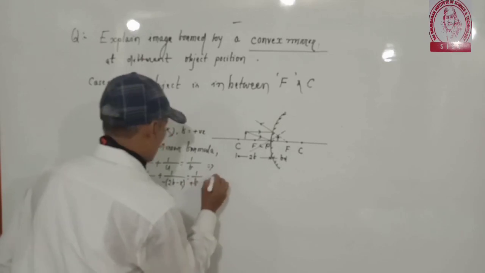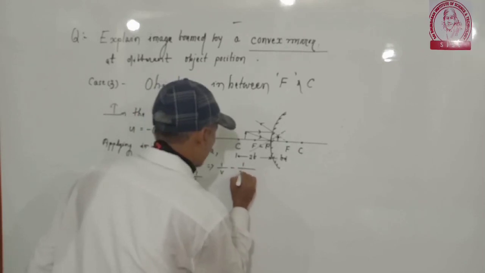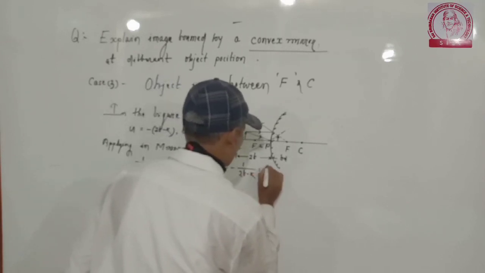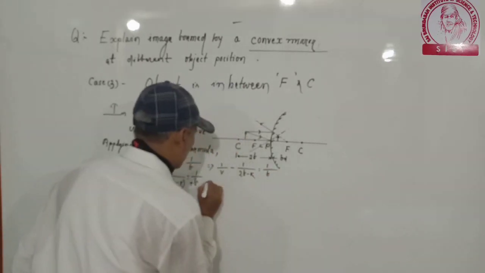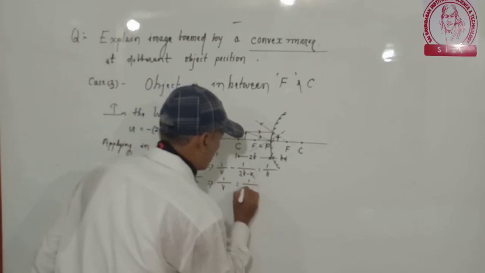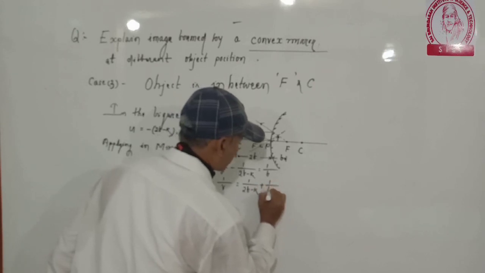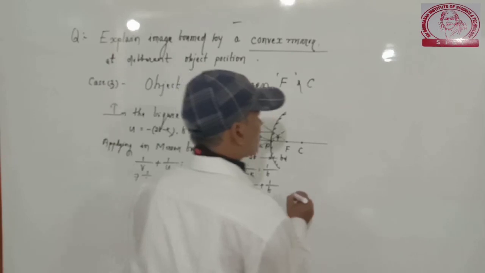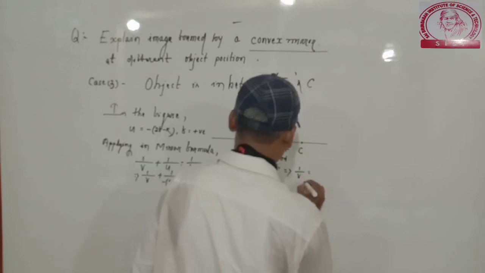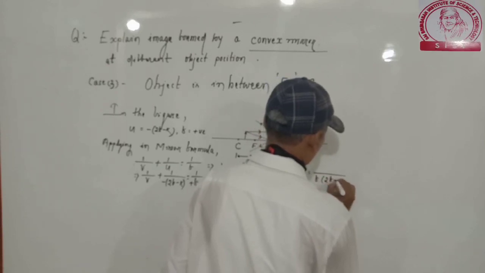Implies 1 by v minus 1 by 2f minus k is equal to 1 by f implies 1 by v is equal to 1 by 2f minus k plus 1 by f implies 1 by v is equal to, f into 2f minus k.